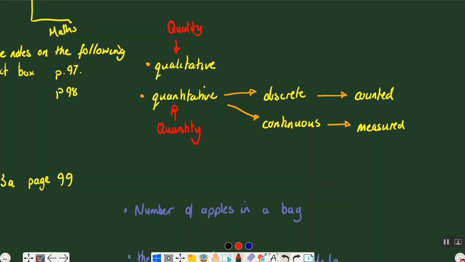Yeah, but with continuous data, when you measure something, why is that word continuous there for something you measure? So do you know what discrete means? If you do something discretely, it's not as noticeable.